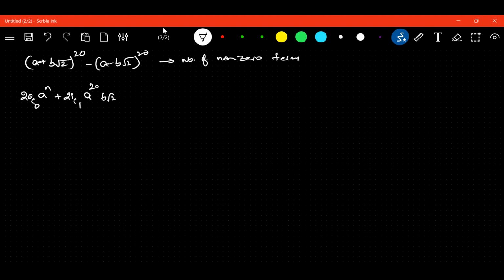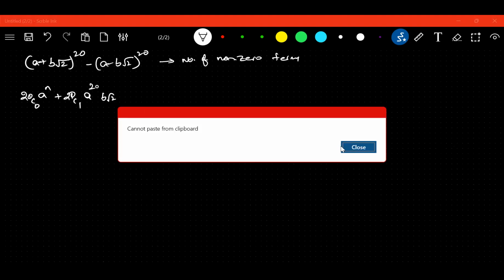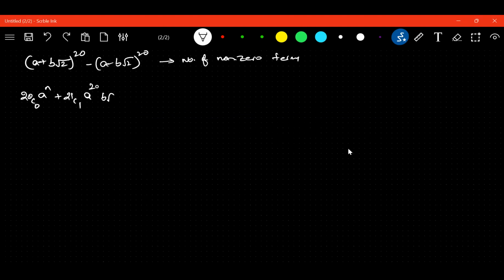It will be 20C1 a to the power 19 multiplied with b root 2.